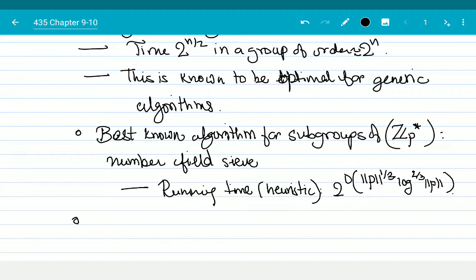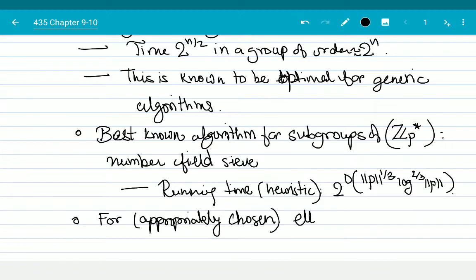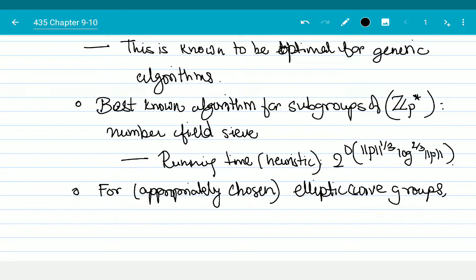What about elliptic curves? For appropriately chosen elliptic curve groups, there is nothing better than the generic algorithm.